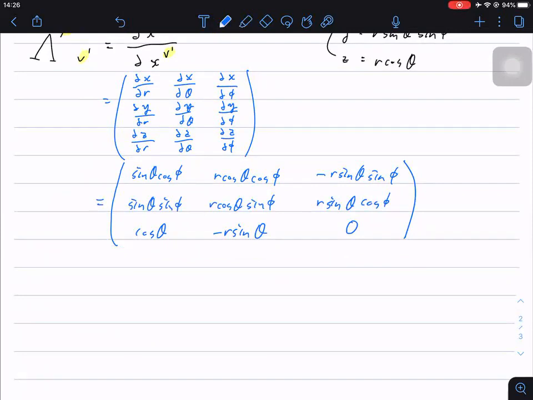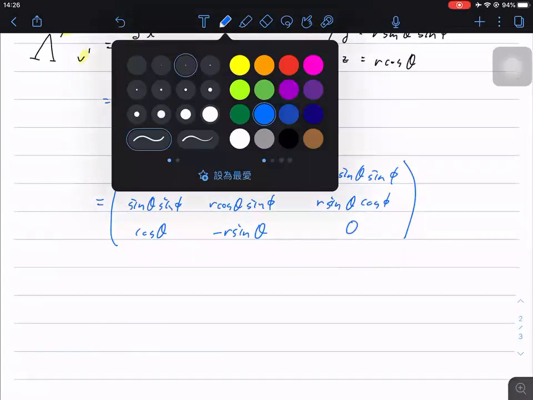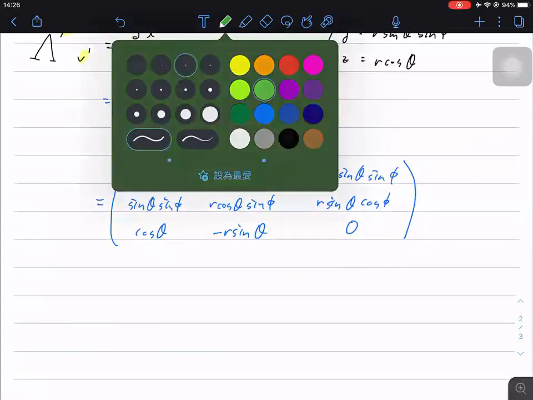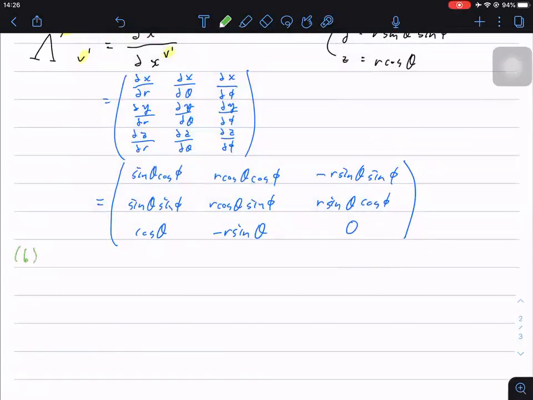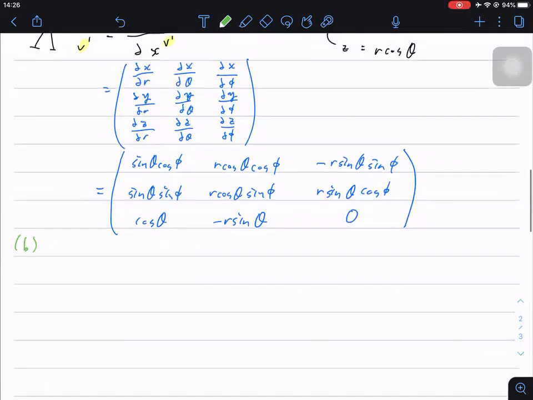Okay, so for part B, find the quadratic line element. Let me use another color, green. Find the quadratic line element in spherical coordinates. So again, first of all, let me write down the line element in Cartesian coordinates.